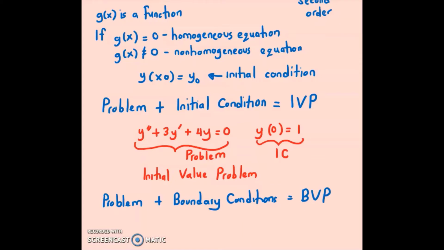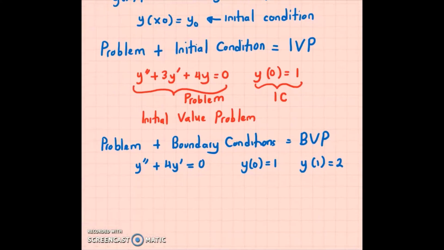An example of a boundary value problem can be given as y double prime plus 4y prime equals, let's say, 0, given y(0) equals 1, y(1) equals 2. This is a boundary condition.